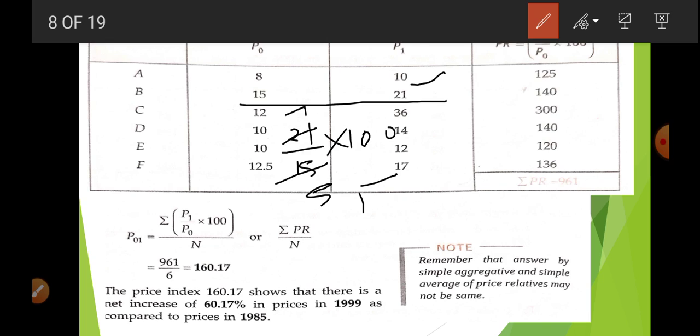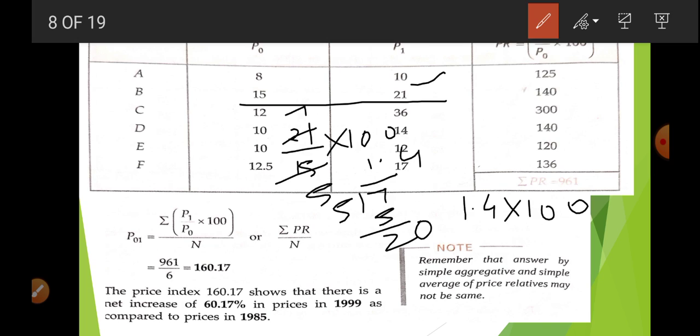Now further we do the calculation. Okay. 5 1s are 5, 2 is remaining, there will be 0.0, 1.4. So 1.4 multiplied by 100. So 1400, and we put the decimal point here. So in this way we get 140.